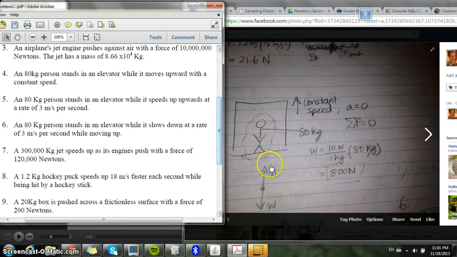In this problem, there's only normal force and weight acting on the person. So if there's 800 newtons of force as weight, there's also got to be 800 newtons in the other direction. So the net force will equal 0.